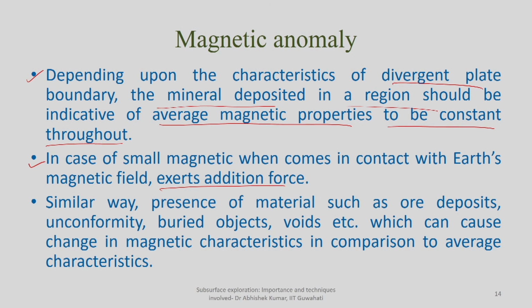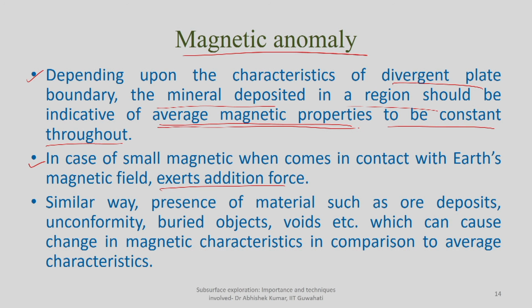So, this material contributing to some change in magnetic property with reference to the average magnetic property is actually the material you are trying to understand in terms of magnetic anomaly, which is possibly an indication of subsurface material characteristics.